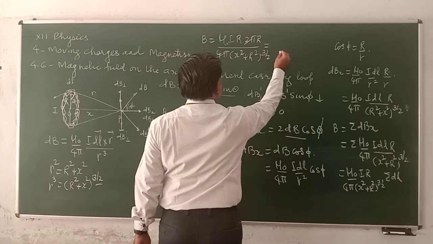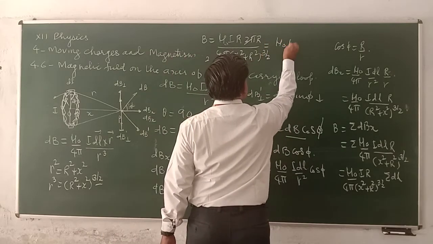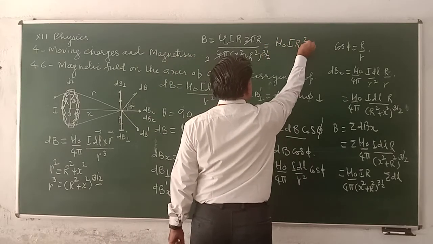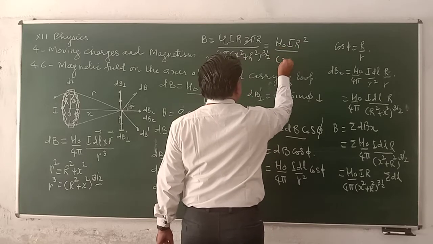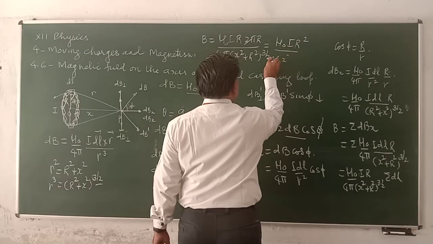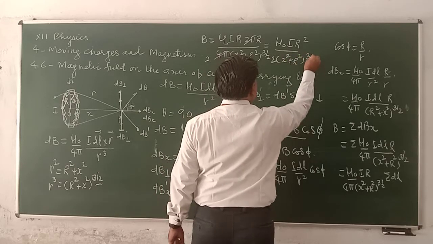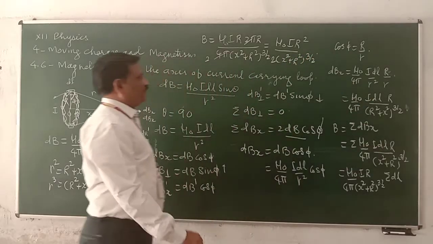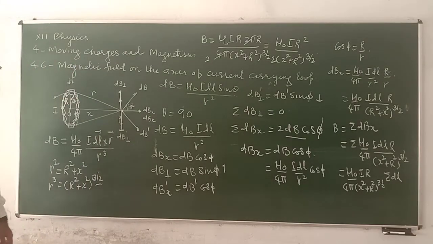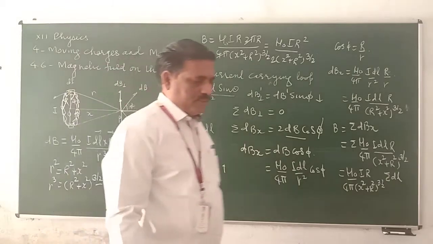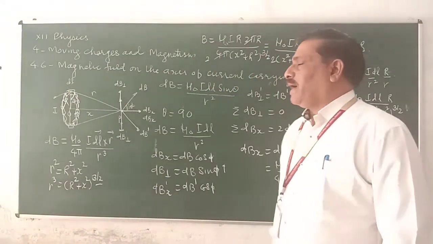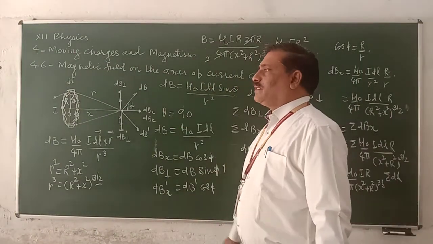So it gets you mu 0 I r square upon 2, x square plus r square raised to 3 by 2. This is the magnetic field due to a current carrying coil along its axis point.